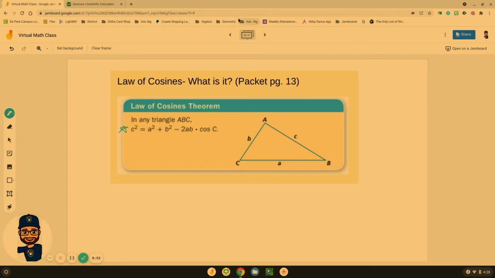Now, it looks confusing, but the nice part is that the C is your missing side. We're always going to be solving for the missing side for the most part. Occasionally the angle, but most of the time the missing side. The missing side should be opposite the angle that they give us. A and B, it doesn't matter where I put them. They could be A and B flip-flopped.